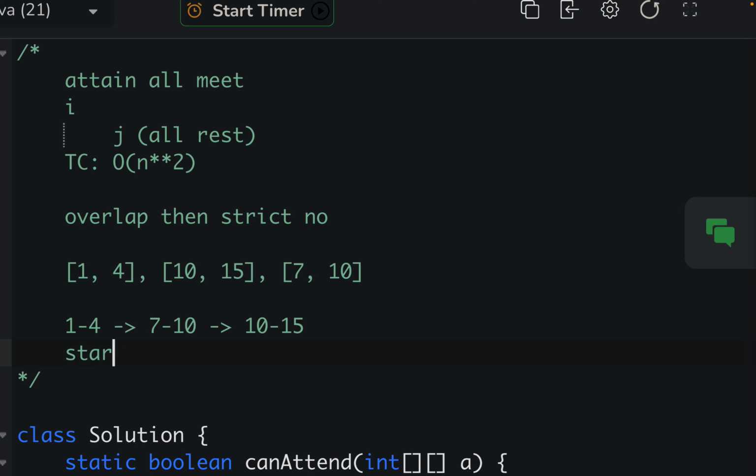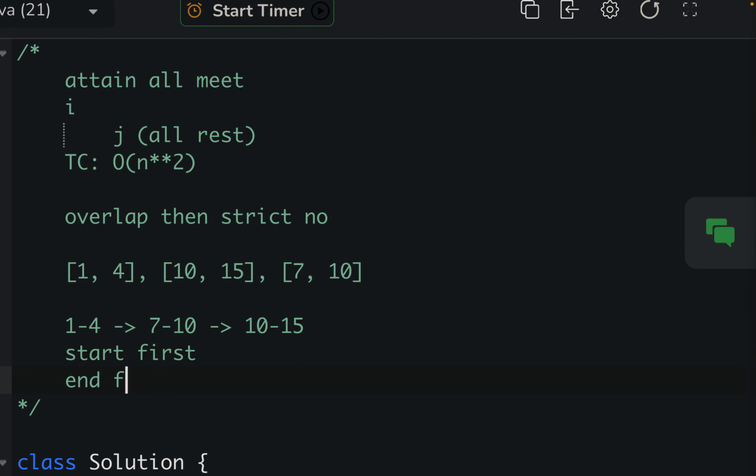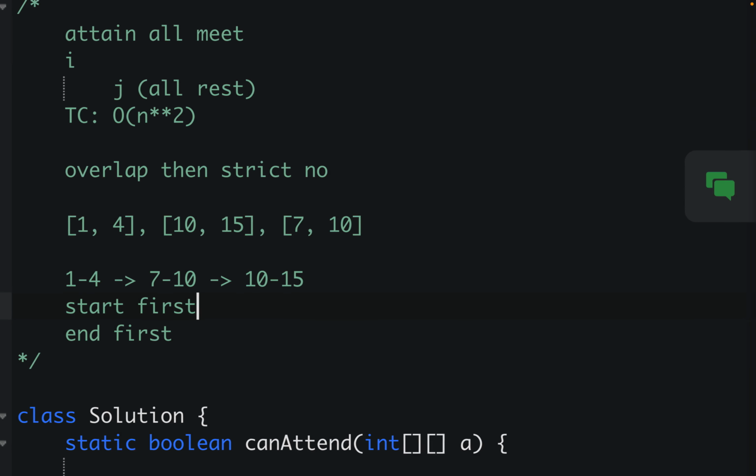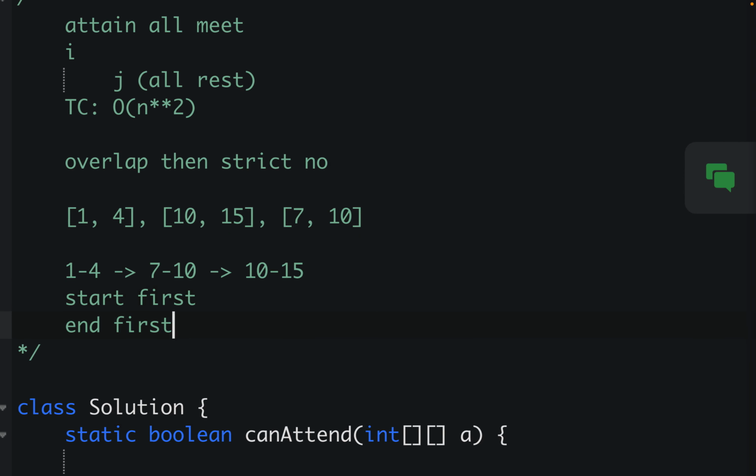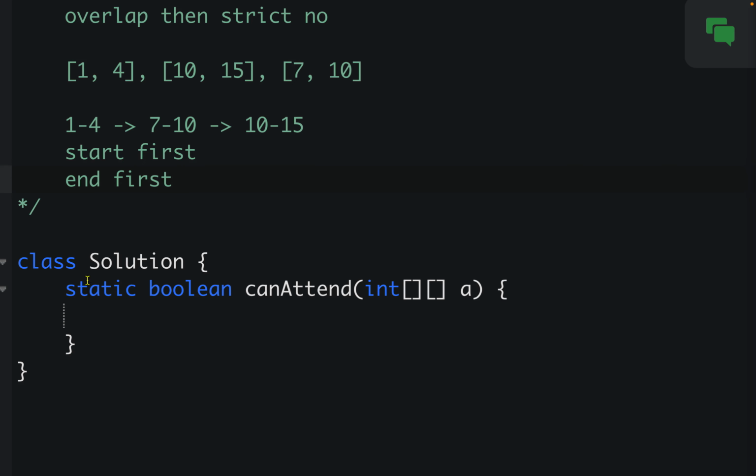Yes, you can see that these meetings are arranged in terms of order. So either you start with start first or end first, it doesn't really matter much because this is a very simple problem. I'll go ahead with end first. So end first, I will sort it. Once I've sorted it, I am clear that whatever persons are coming behind me are sorted, because once I've ended here, I can then go to the next.